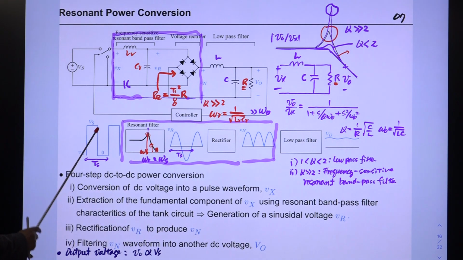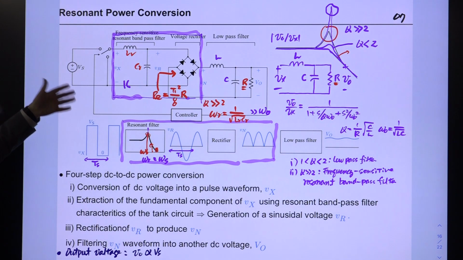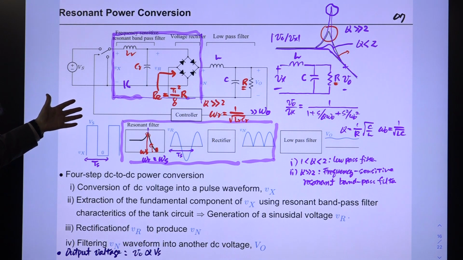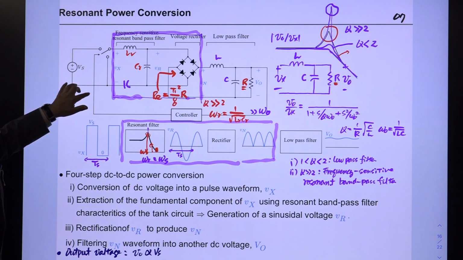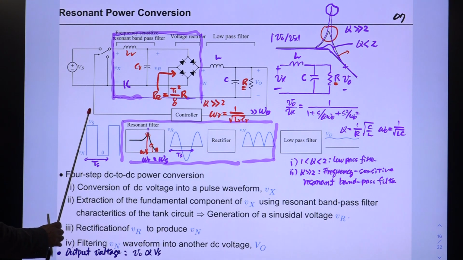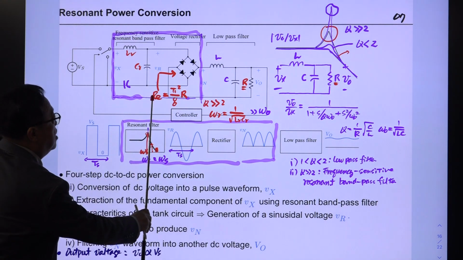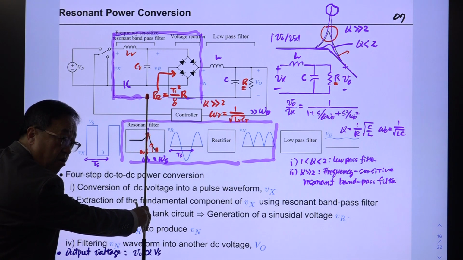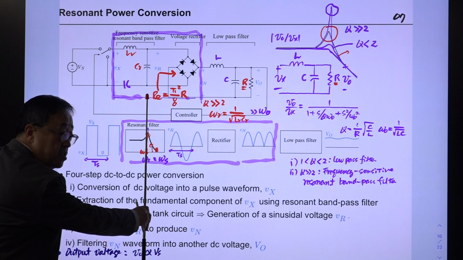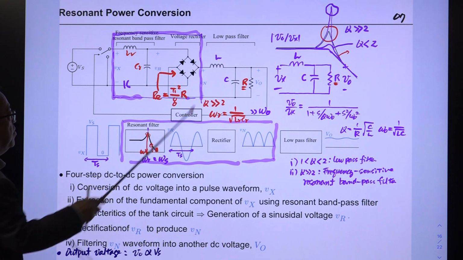Suppose this is the waveform. We generate this pulse waveform in the same manner as in the case of the PWM converter, but the switching frequency is very high. Then we have the spectrum. Suppose the switching frequency is at this peak frequency of the band pass filter, then only the fundamental component will pass through this band pass filter, and the output seen here will be like this.